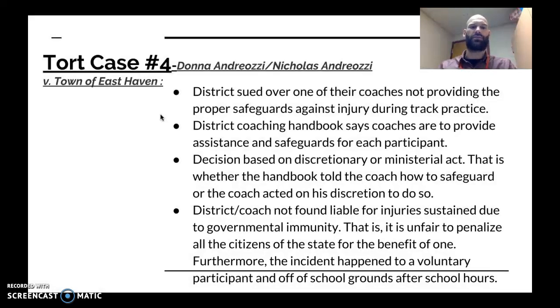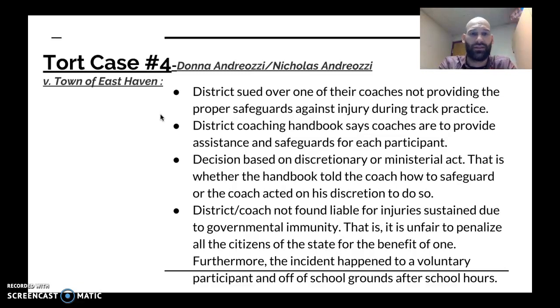The fourth case I researched was Androzio versus town of East Haven. The district was sued because one of their track coaches did not put the proper safeguards in place, and a student was running around the track, tripped on a bench that was placed on the track, and had a pretty severe wrist and arm injury. The district coach was not found liable for the injuries sustained due to something I learned that was very interesting, called governmental immunity.